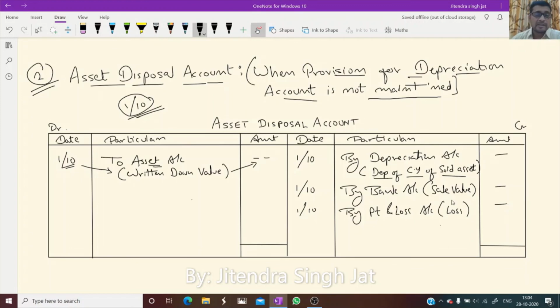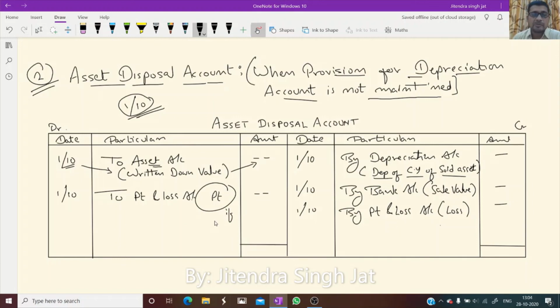Or if there is a profit on sale of asset, then it will be recorded on the debit side: to profit and loss account. Profit and gains are recorded here. If profit is there, then it will be recorded on the debit side.